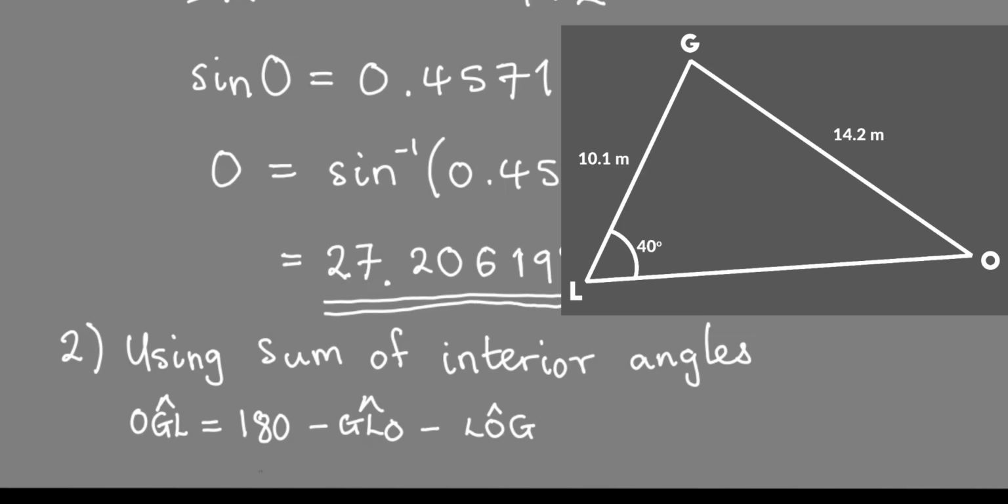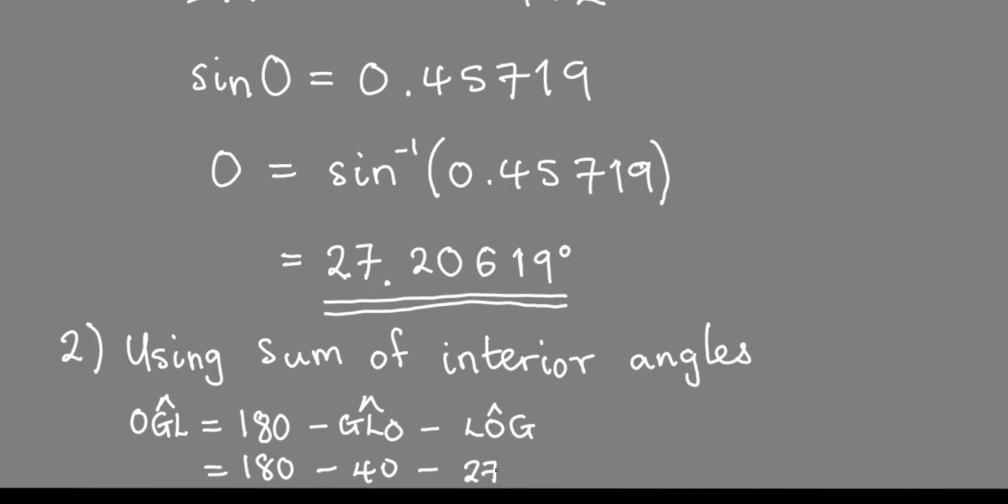So if we substitute the values of the angles here we're going to have a 40, and the LOG we're going to have the 27 there. The answer we're going to get here is OGL.